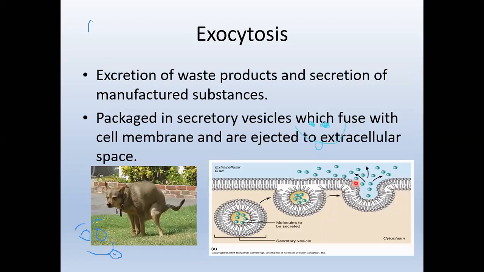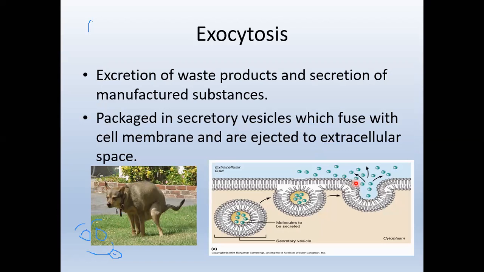And then exocytosis, and yes, I did Google image search dog taking a dump on someone's lawn. Because this is what I think of when I think exocytosis: the cell is now doing a poop. The cell is ready to get rid of waste.